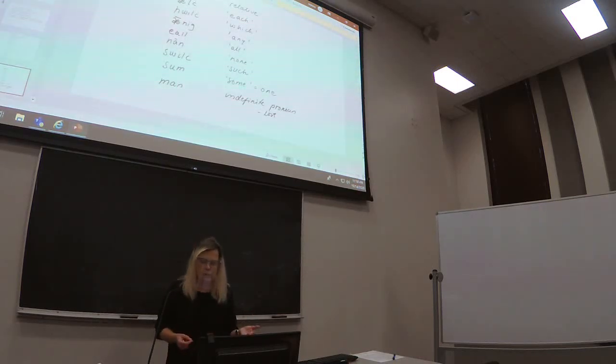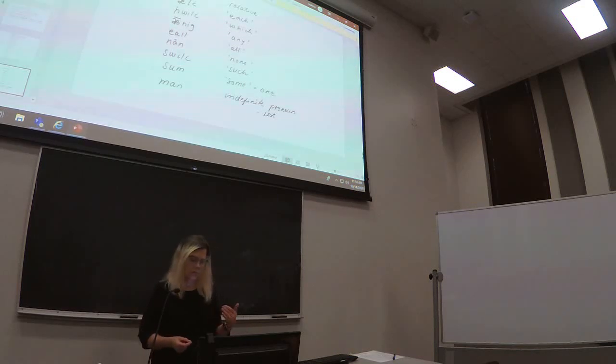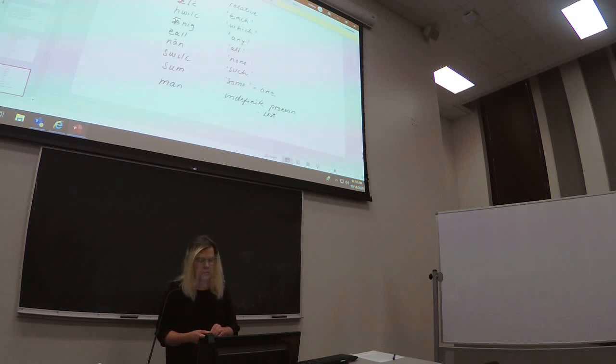But in Old English there was this one relative pronoun, the. And here we have the thorn in the beginning of the word. It stands for the voiceless fricative. So it was the. And each was elc. So that's where we get it. The pronunciation has changed a little bit.